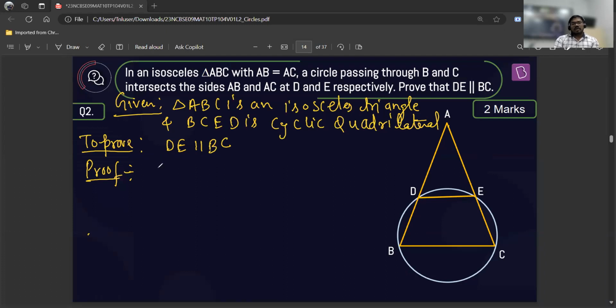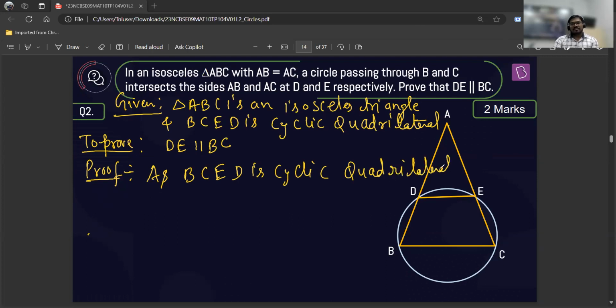Okay, so as BCED is a cyclic quadrilateral, that means angle BDE plus angle C, the sum of this angle and this angle, is equal to 180.